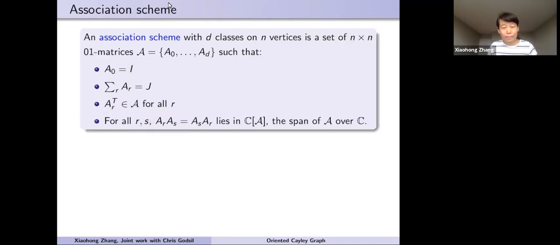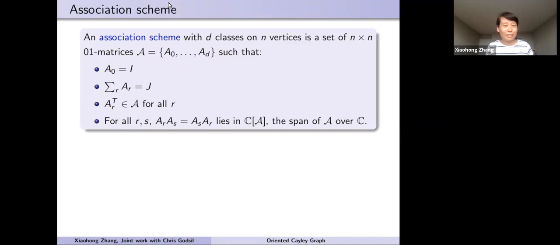Furthermore, the product can be written as a linear combination of the list of matrices we start with. It doesn't have to be strong as before; it doesn't have to lie inside this set. So the list is just some isolated matrices.